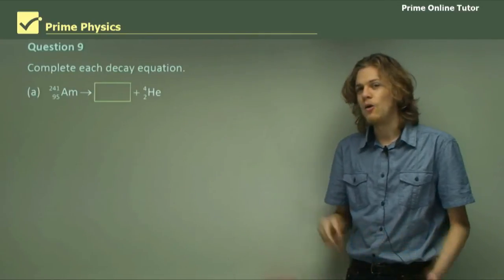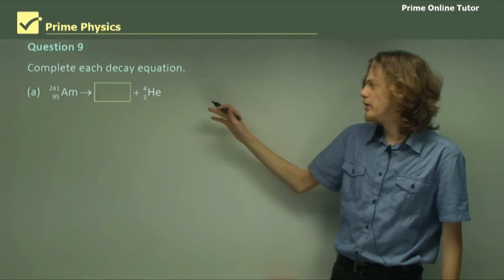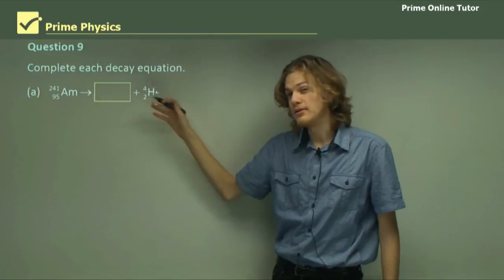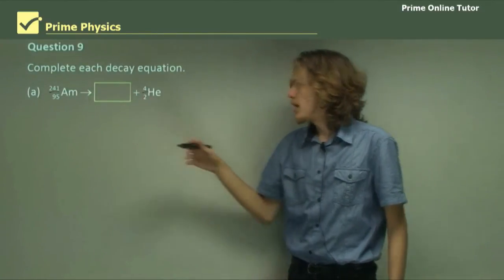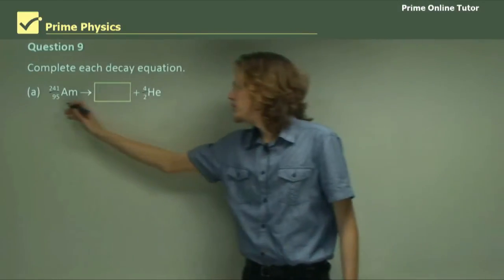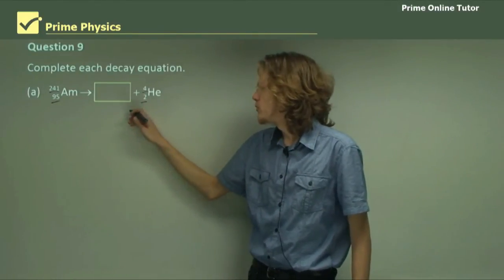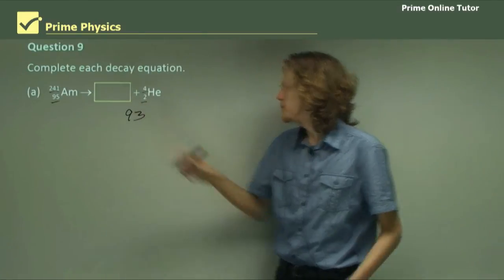So that means that our new mass will be 237, that's 241 minus 4, and our new proton number will be 95 minus 2, which is 93.